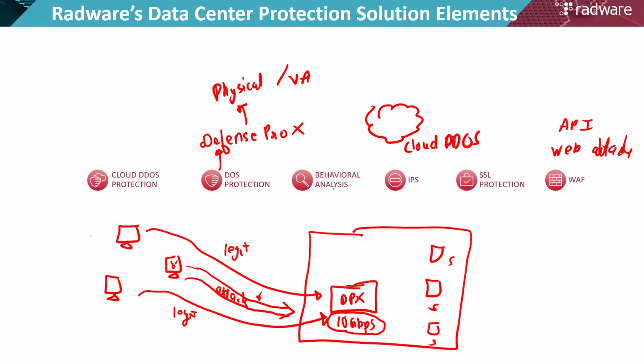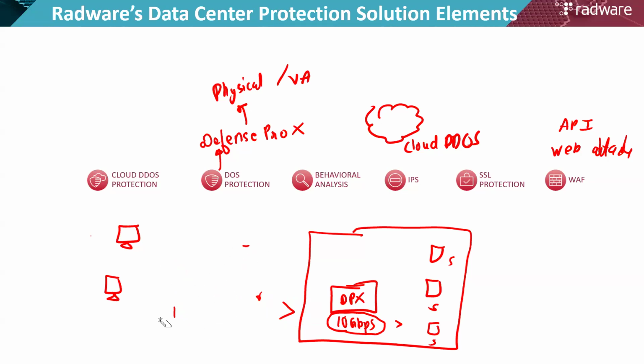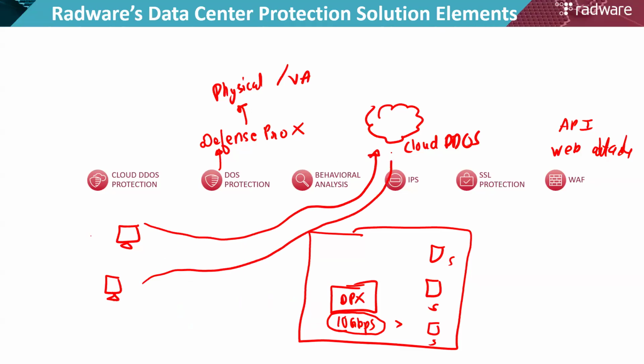So when attack traffic is coming in and it is exceeding 10 Gbps, we divert the traffic to the cloud DDoS. If the mitigation capacity of a certain Defense Pro is exceeded, we divert the traffic to the cloud device. So the same traffic that we are seeing here, after the threshold is breached, would be diverted to the cloud.